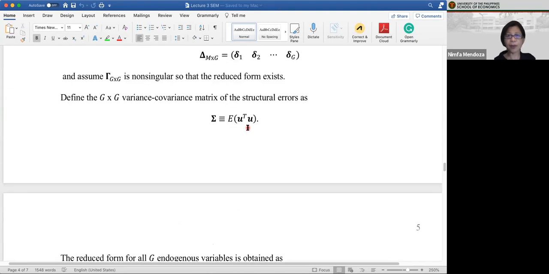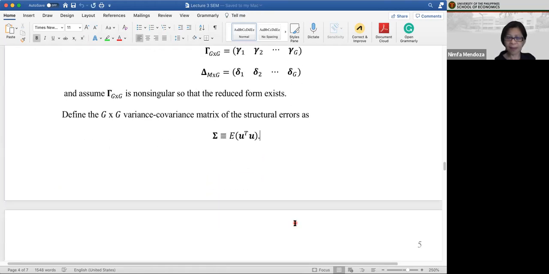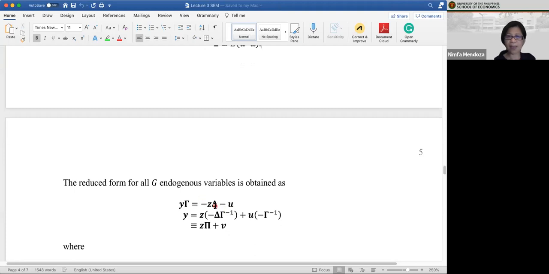Rewriting this equation, Y gamma is equal to minus C delta minus U. Here is where the assumption that gamma is non-singular comes in, because we'll be using the inverse.